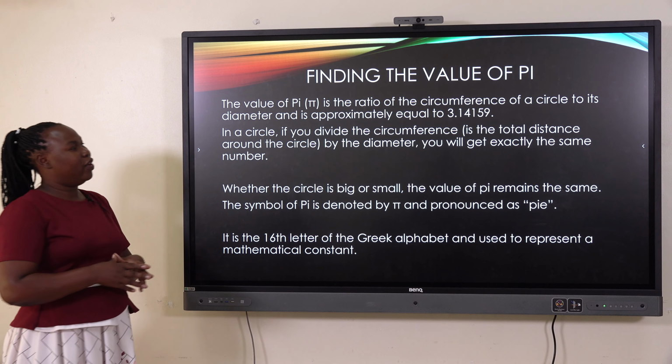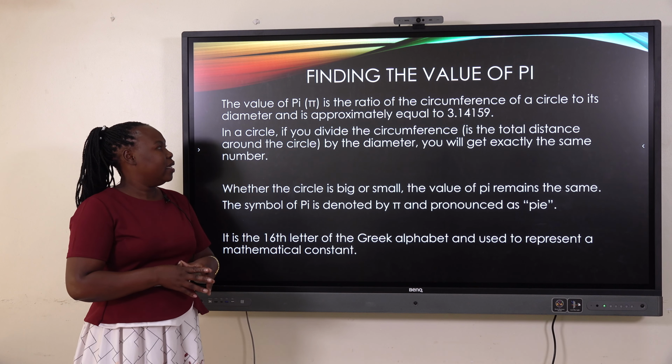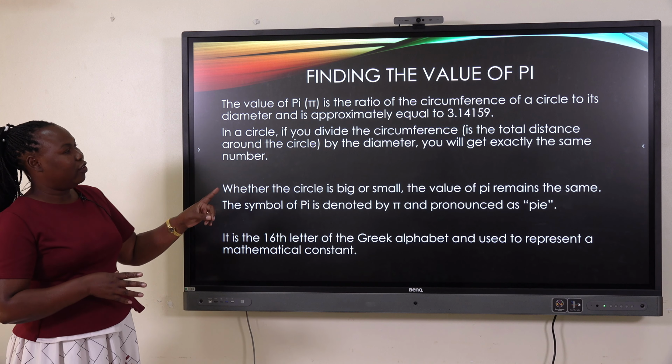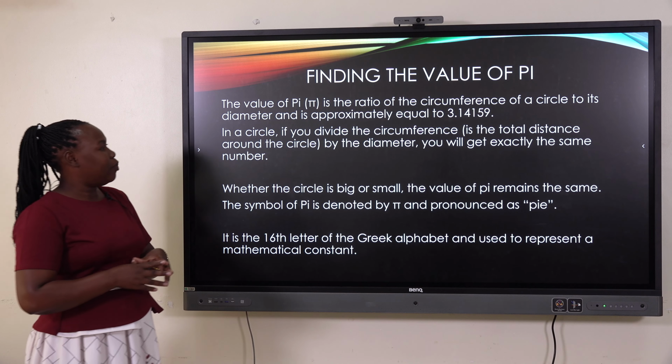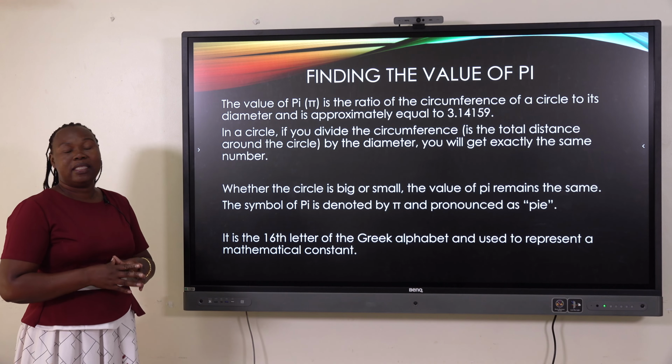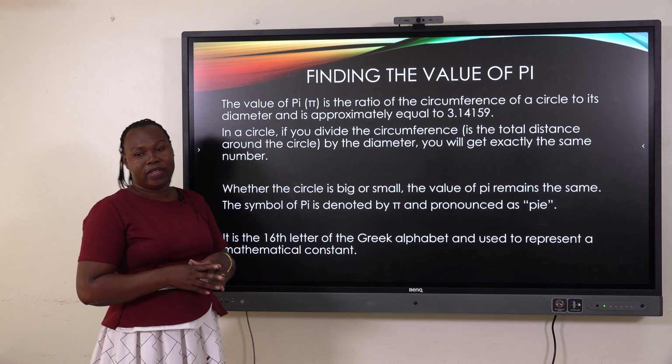How do we find the value of pi? The value of pi is the ratio of the circumference of a circle to its diameter, and it's approximately equal to 3.14159.